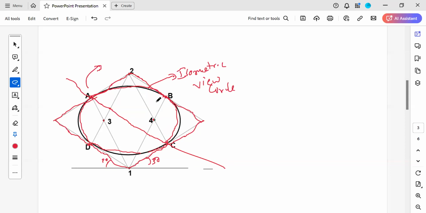Now in isometric view there will be 3 axes. All horizontal lines will be drawn at 30 degrees inclination.